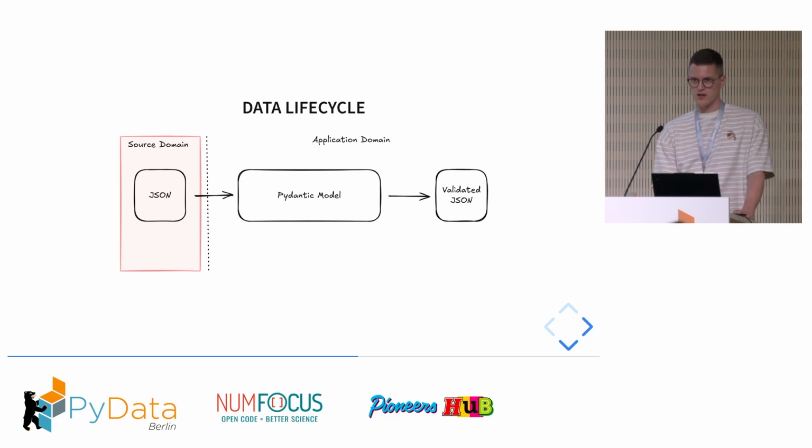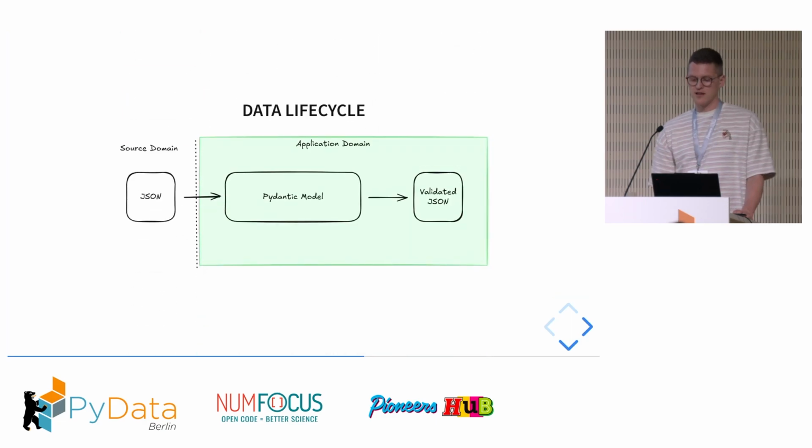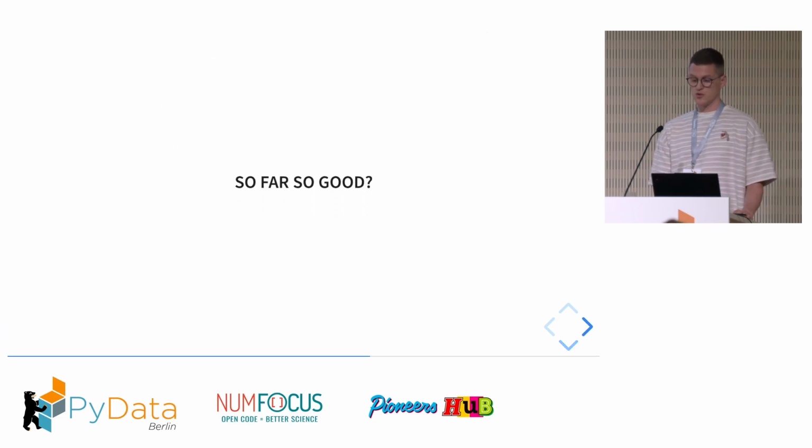We have to deal with whatever comes our way. And then we have the Pydantic model that allows our application domain to work with very specific types that we have defined. And this allows us to also deal with operations we can do on these kinds of types. So far so good.